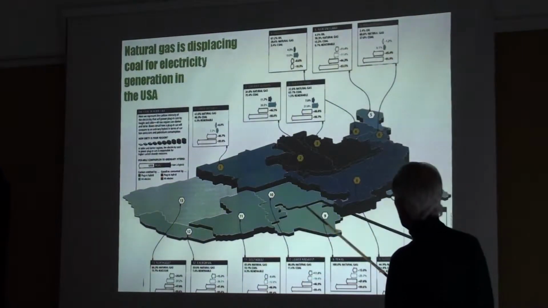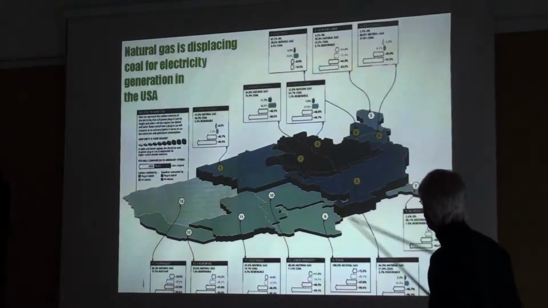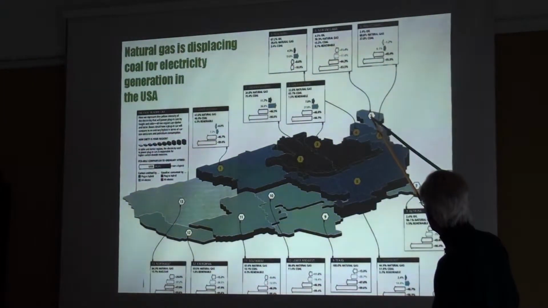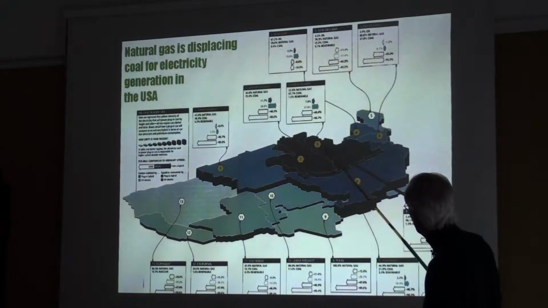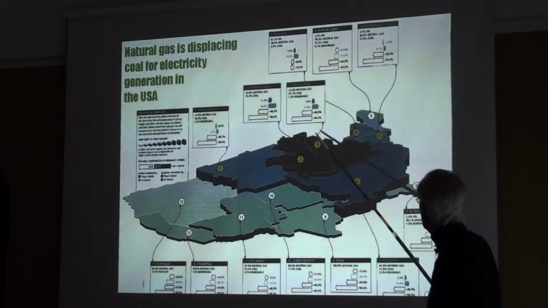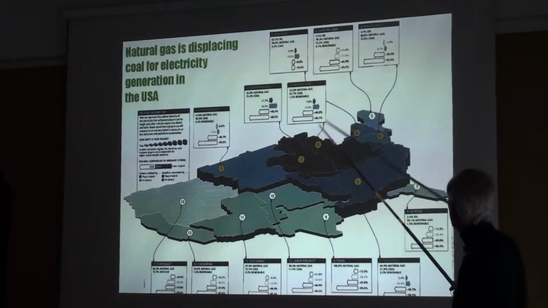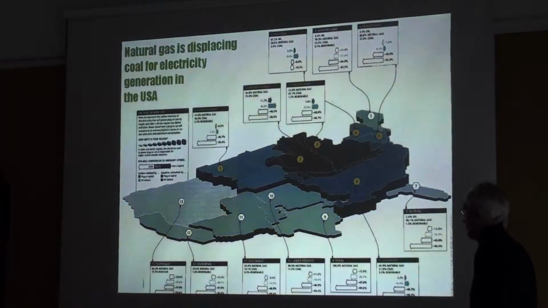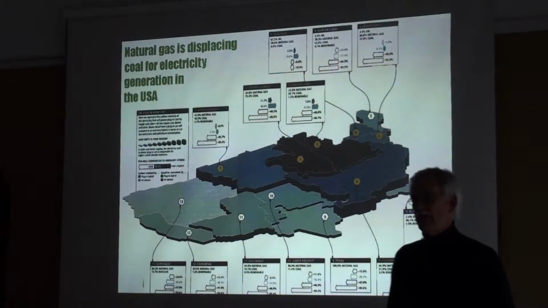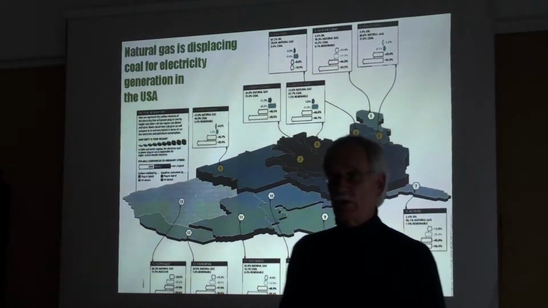So in all of these blue areas, it's extremely high. Also in Florida, also in this part of New England, and we have to work on this area in Illinois, in Ohio, and in the upper Midwest, where still about half of their electricity comes from burning coal.